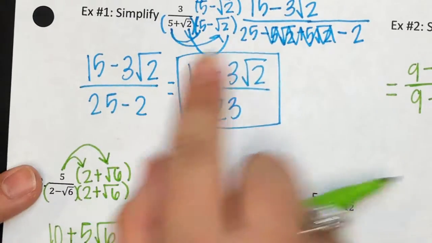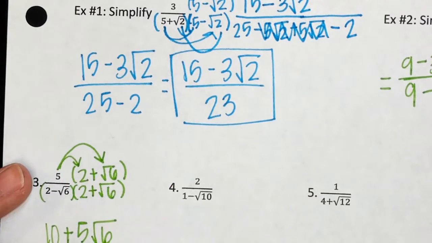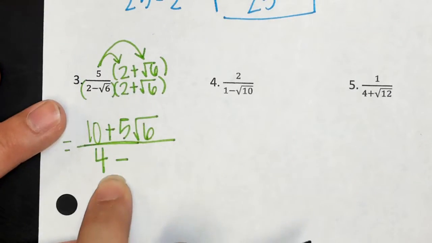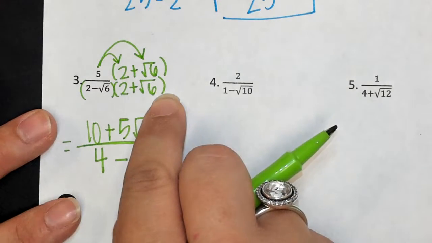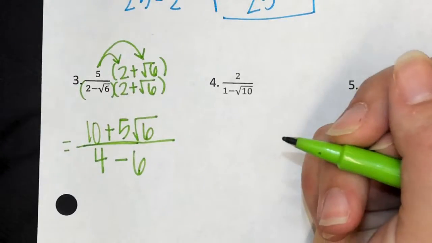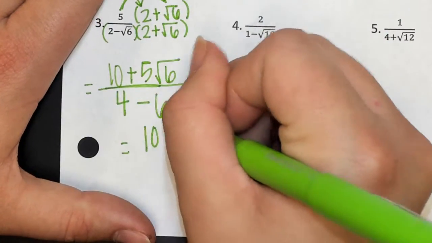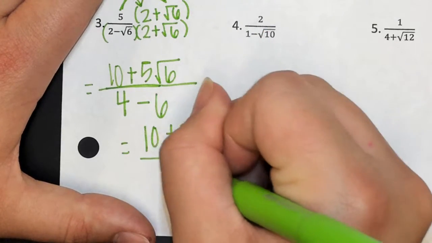But this way, I just wanted you to see how that cancels out. So first times first is 4 minus square root of 6 times square root of 6 is just 6. So this becomes 10 plus 5 square root of 6 over negative 2.